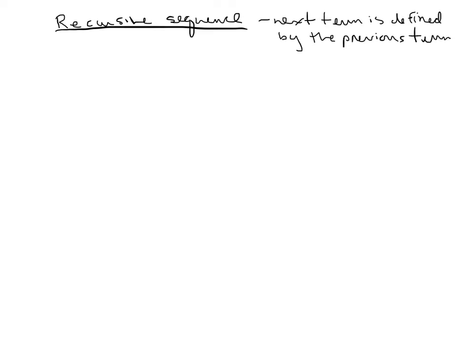So the next one in line depends on the one behind it. Here's an example. Let's say that a sub n plus 1 is equal to a sub n over n plus 1, and let's give a starting point. Let's say that a naught is equal to 1.